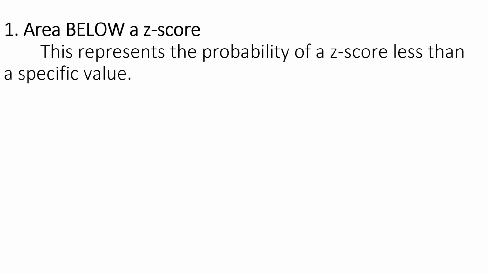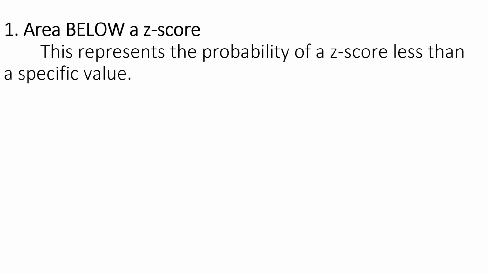The first case is that if you see the words less than, at most, to the left, below, not more than, therefore, you will shade the areas from the given z-score to the left. And the probability notation is always z is less than the specific value given.